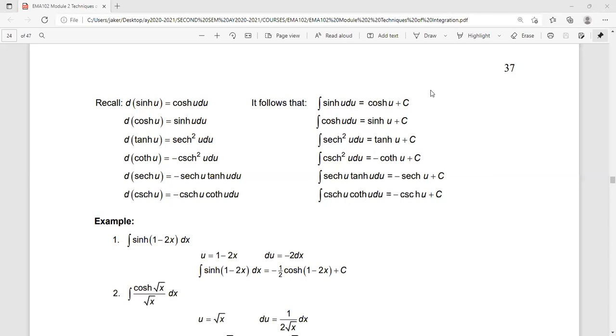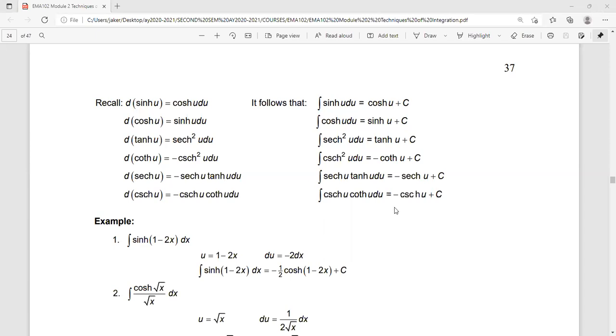So the only difference with the trigonometric functions is that this time it's negative here, because for the trigonometric function this should be positive. For the hyperbolic cosecant u times hyperbolic cotangent u, your answer is still negative hyperbolic cosecant of u. If it's a trigonometric function, it's just the negative of cosecant of u.